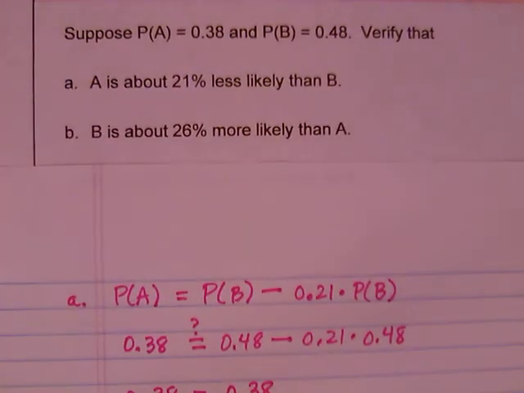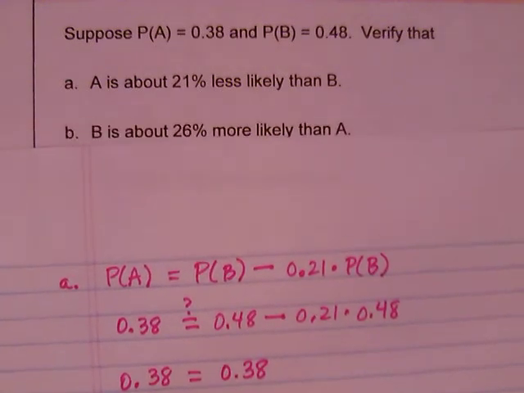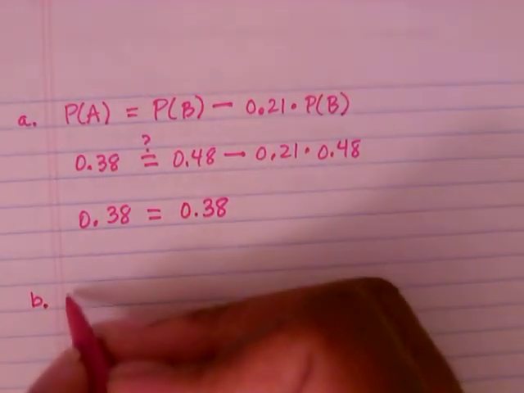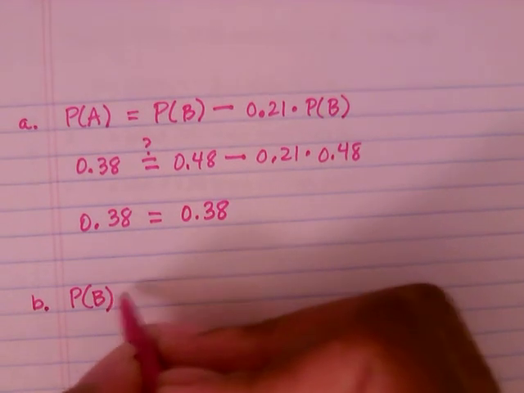Now part B. B is about 26% more likely than A. So let's interpret that. Well, B, that's the probability of event B, and is the equal sign.